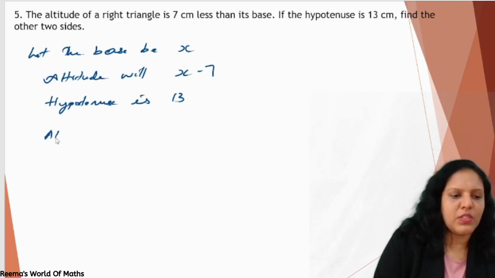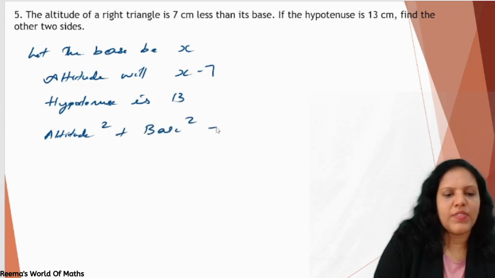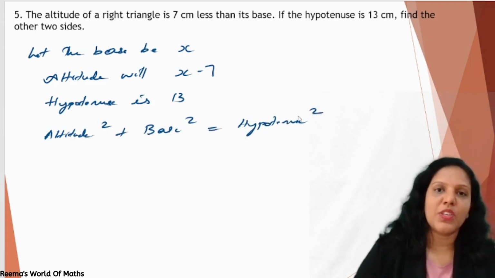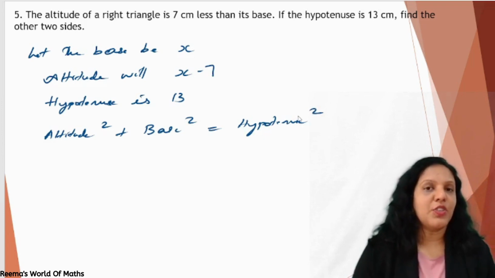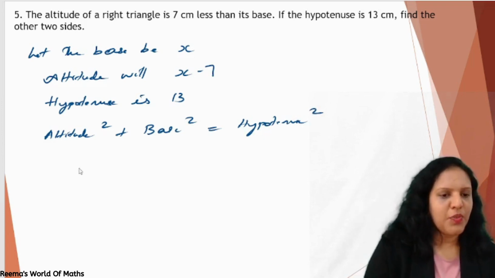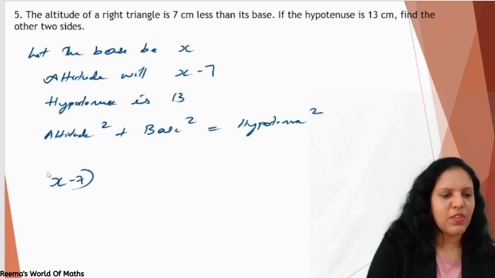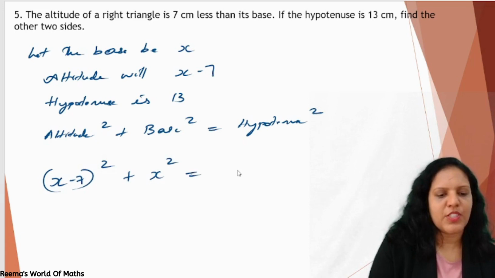So that is altitude square plus base square will be equal to hypotenuse square. So this is the Pythagoras theorem related to a right triangle. So now we have the altitude here as x minus 7. X minus 7 whole squared, base is x squared, equals 13 squared. Correct?